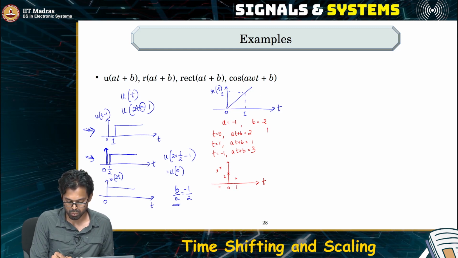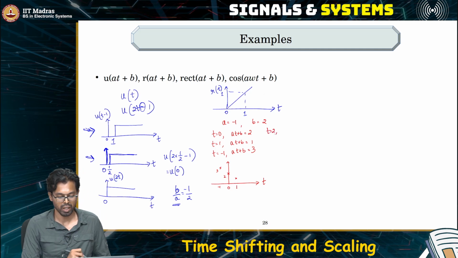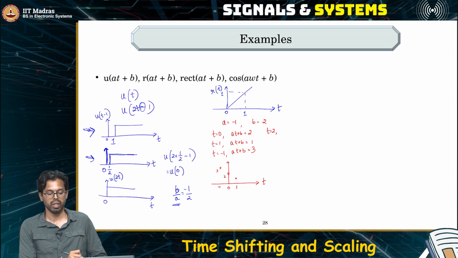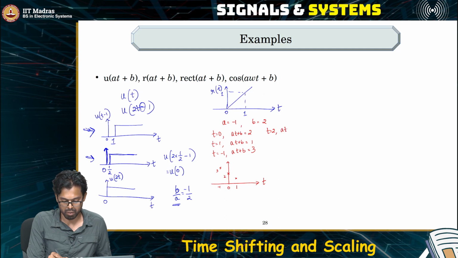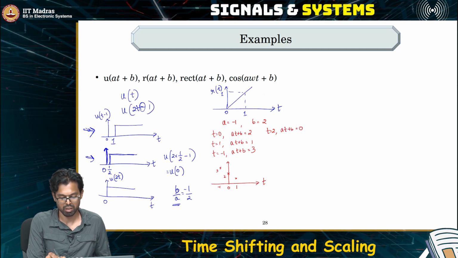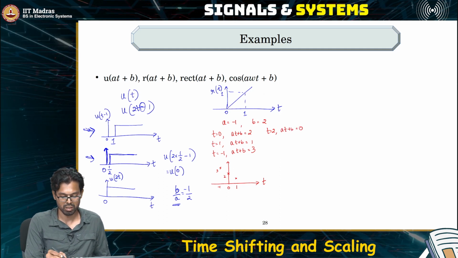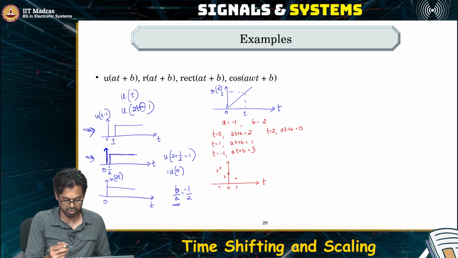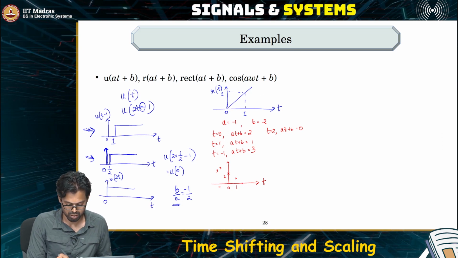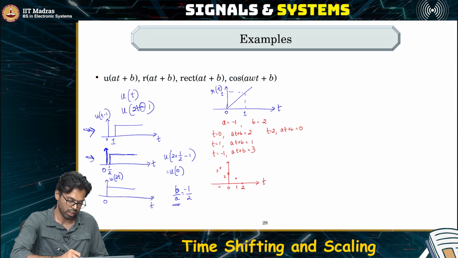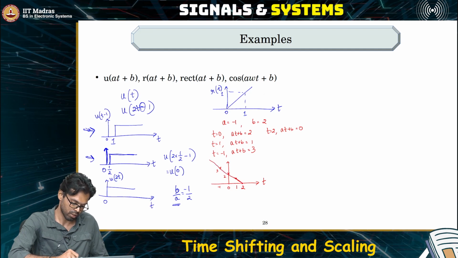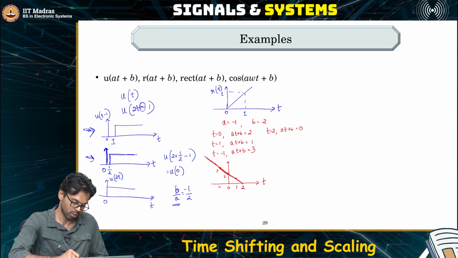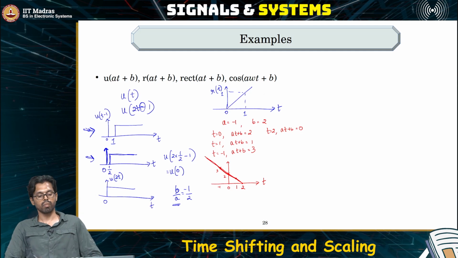What about t equal to 2? At t equal to 2, we have AT plus B equals 0, which is r of 0, that is this point. So now the entire signal looks like this. Okay.